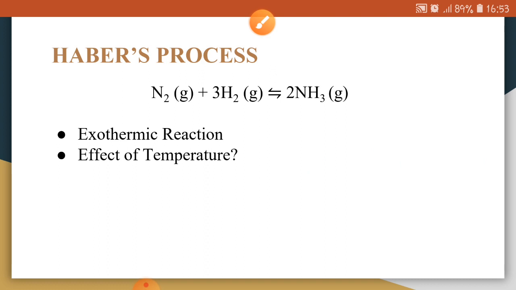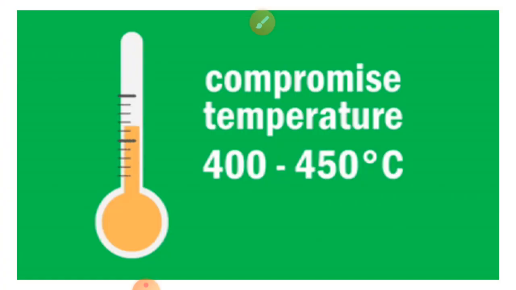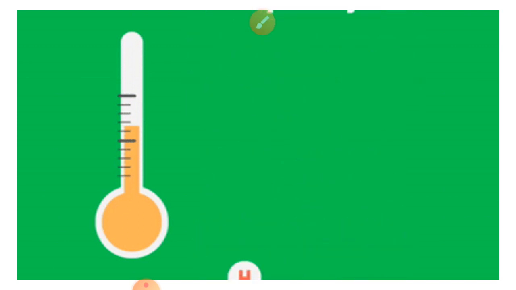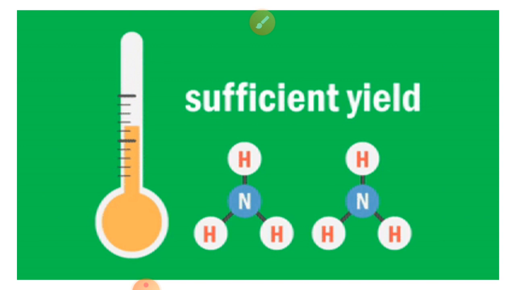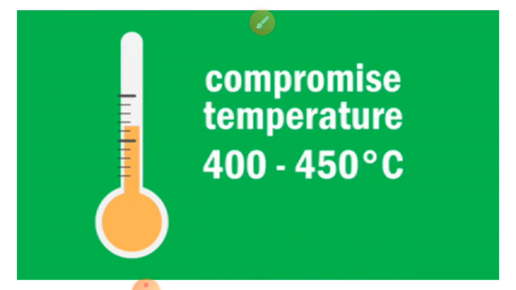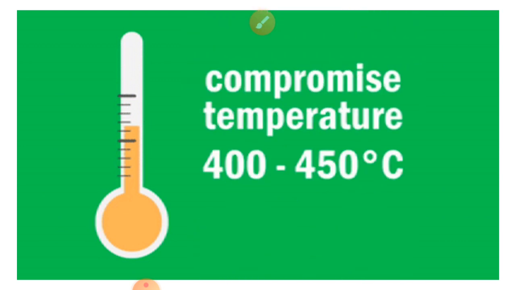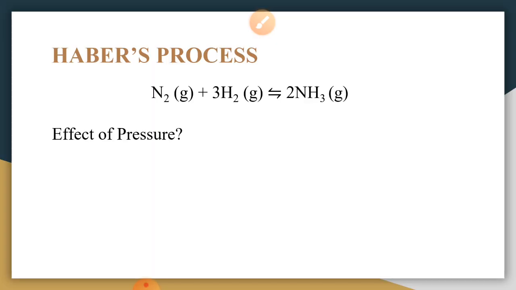Therefore the temperature is maintained at 450 degrees centigrade. In order to get a sufficient yield of ammonia, a compromise temperature is kept at 400 to 450 degrees centigrade. Why a compromise temperature? Because we cannot afford the lower temperature because of the slow speed of reaction.